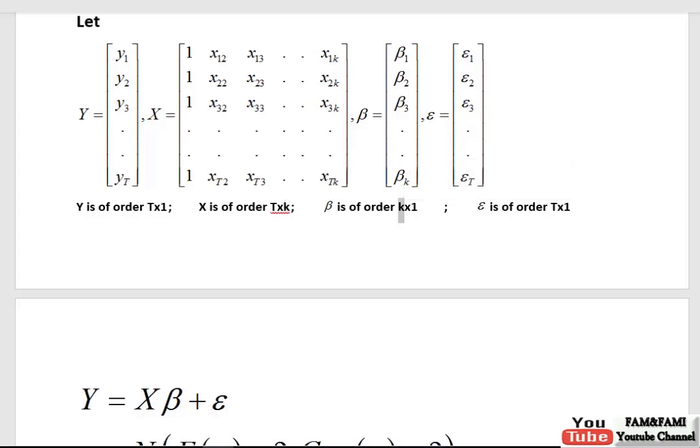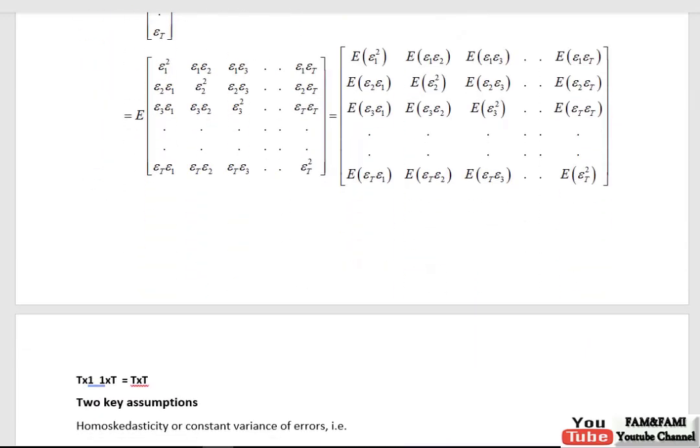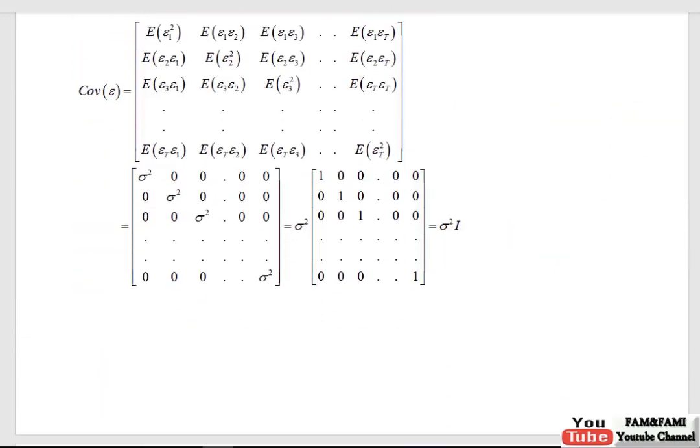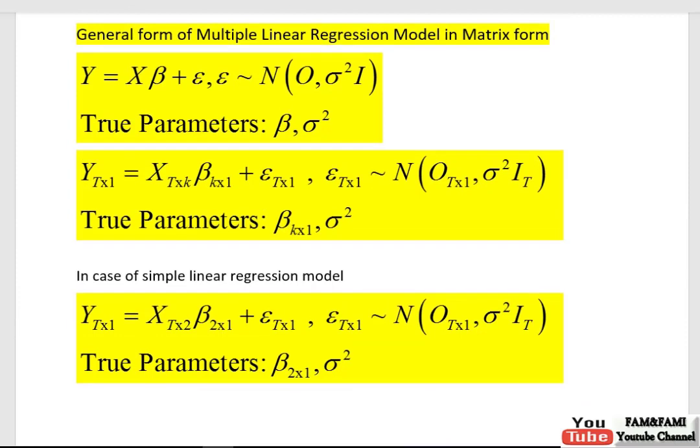So that's it. You can write the same expression, but here you need to replace this k by 3, or this 2 by 3. So t rows, 3 columns, and beta will be 3 cross 1, and in the parameters list it will also be 3 cross 1. The rest of the notation will remain the same.